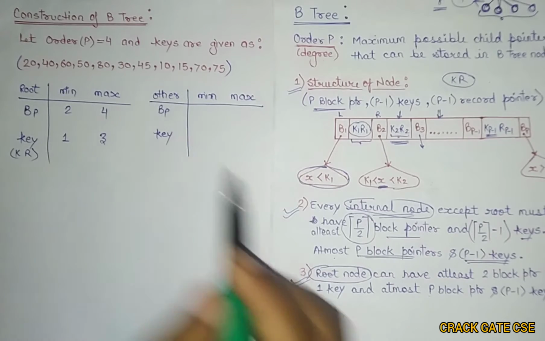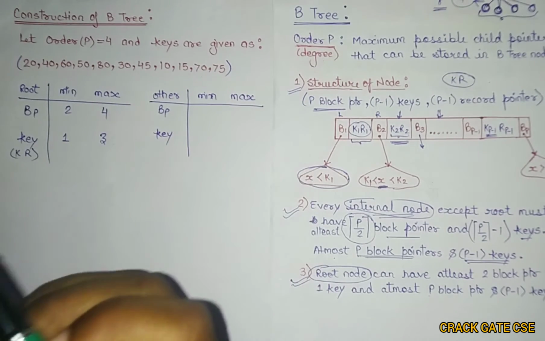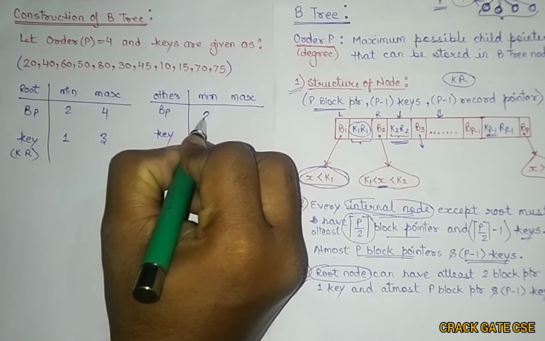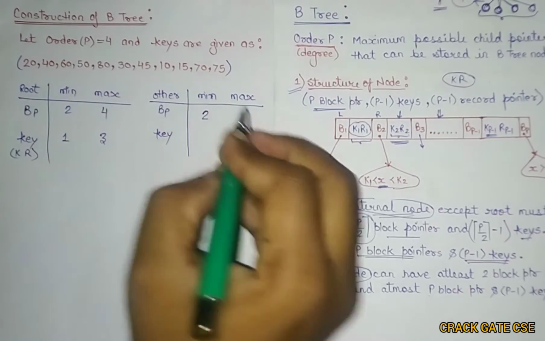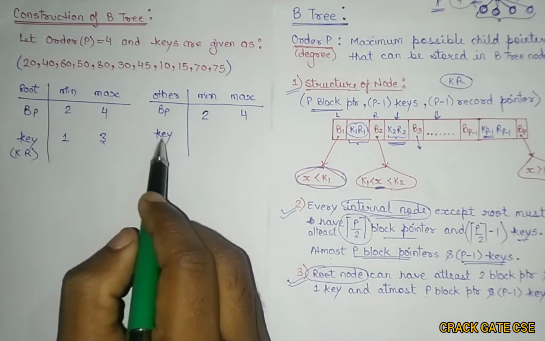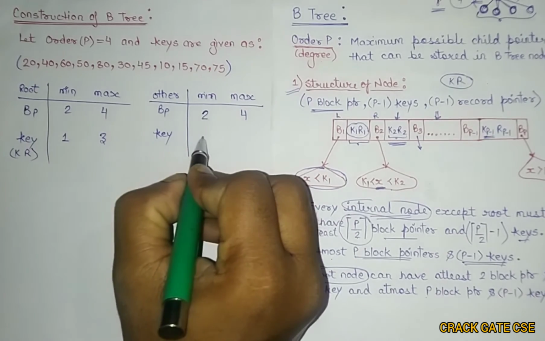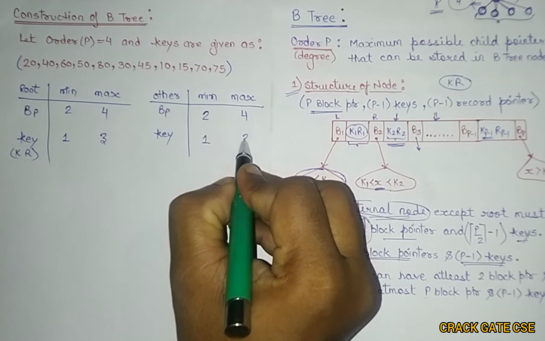The minimum is p by 2. What is p? 4, so 4 by 2 is 2. That means a minimum of 2 block pointers, and a maximum of p, which is 4. How many keys? If 2 is the block pointer count, then 2 minus 1 is 1 key. If 4 is the block pointer count, then 4 minus 1 is 3 keys.